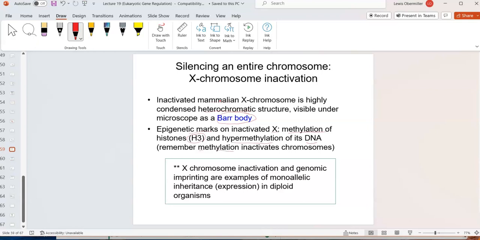So remember, methylation inactivates chromosomes, so we would shut down the X chromosome. In females, we have two X's, in males, we have an XY. One of these is going to be shut down in females, so that we each, male or female, get one dose of X chromosome products.